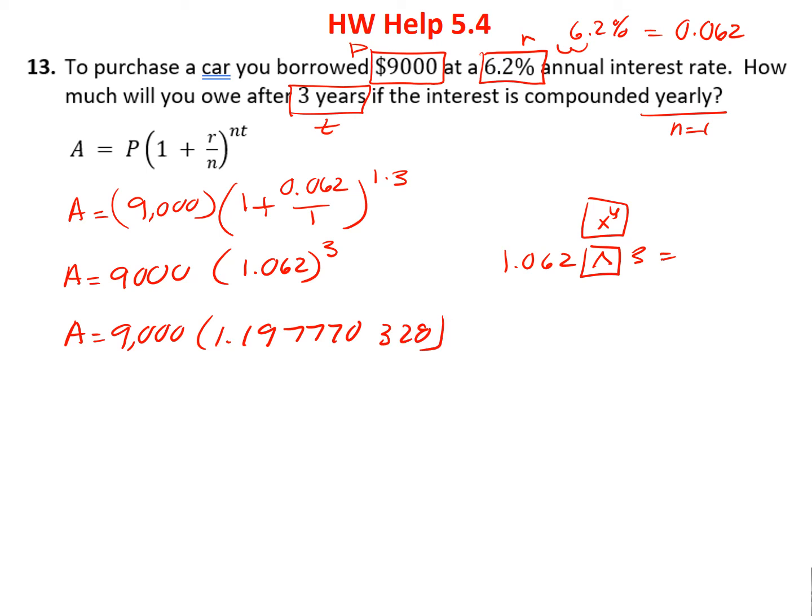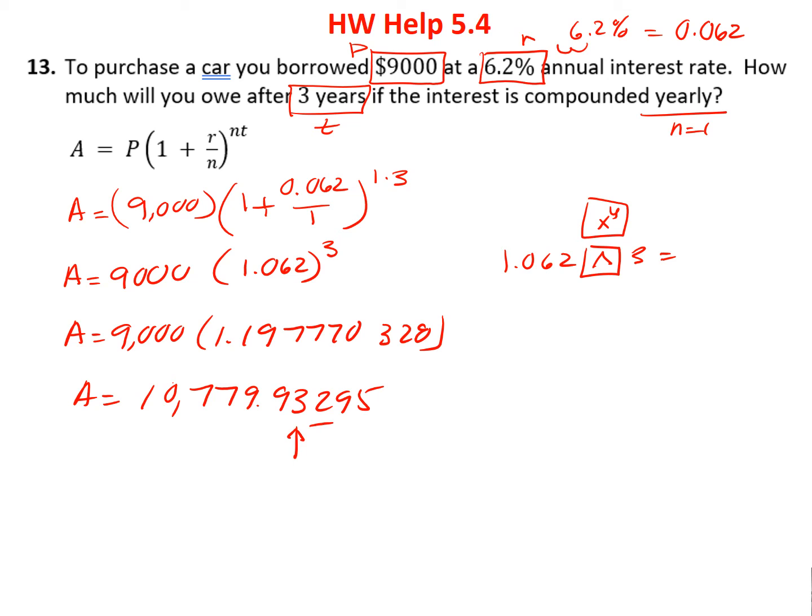And again, leave it there and just hit the multiply button and multiply it by 9,000. And you get A equals 10,779.93295. We want to round off to the nearest penny.